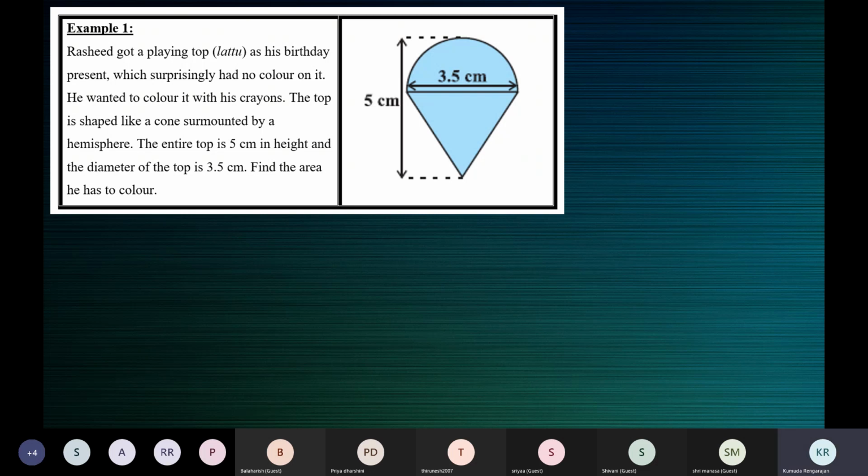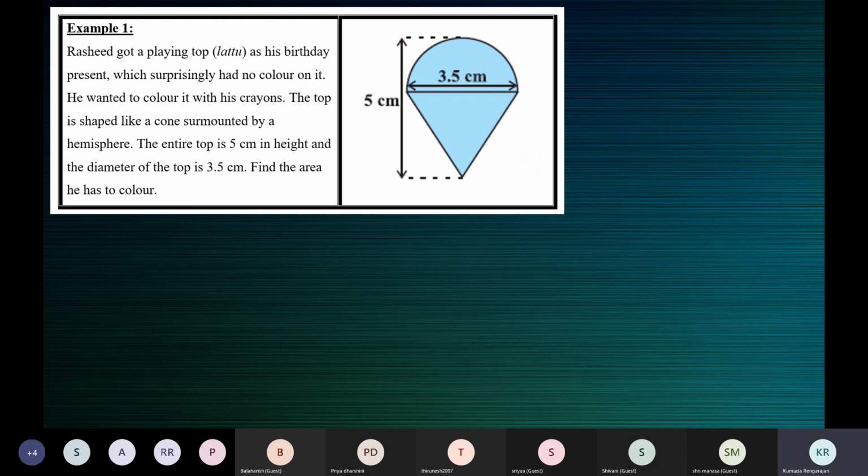Volume of the cone 1/3 pi r square h plus volume of hemisphere 2/3 pi r cube will give us the total volume of wood in the top. But here it is, find the area he has to color.